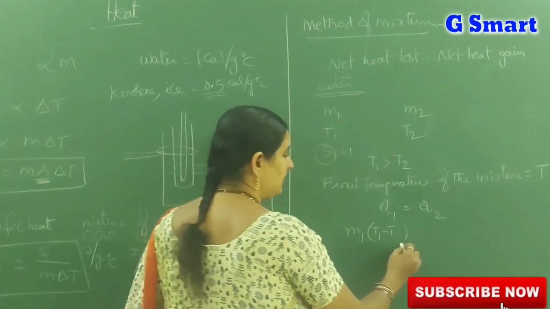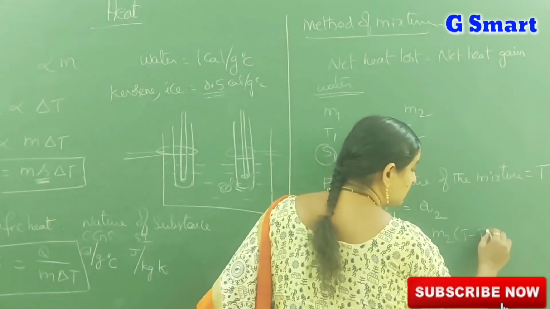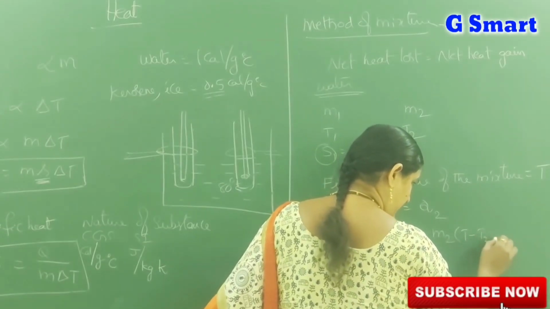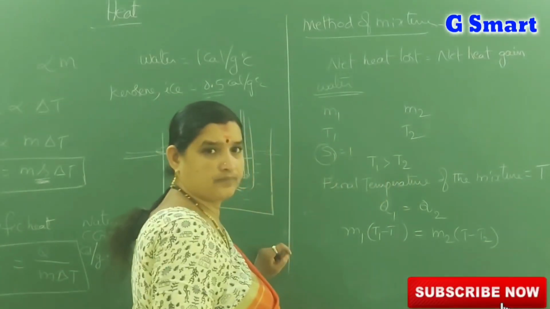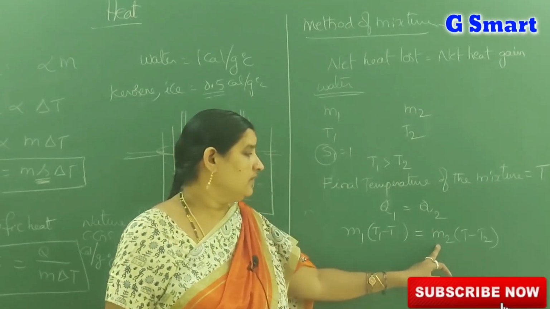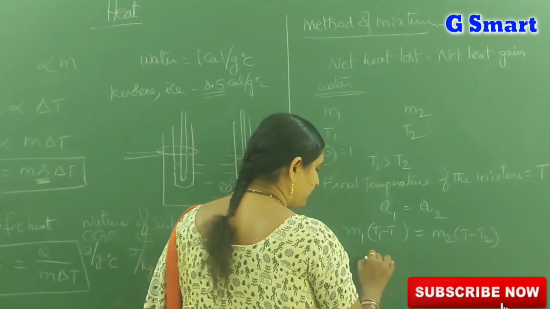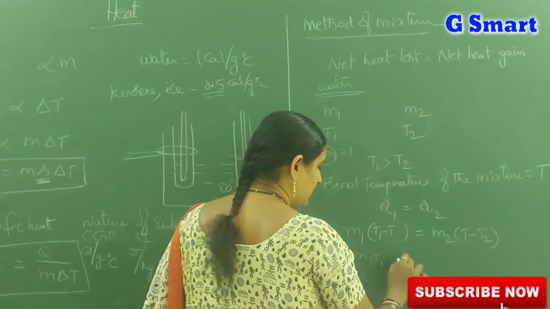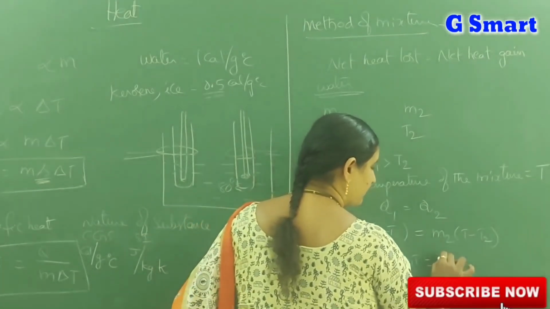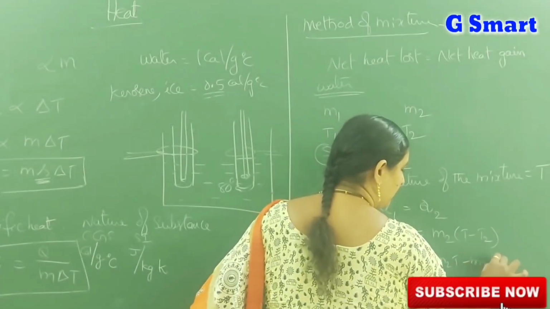So M1 into T1 minus T is equal to M2 into T minus T2. If you simplify this, M1 T1 minus M1 T is equal to M2 T minus M2 T2.